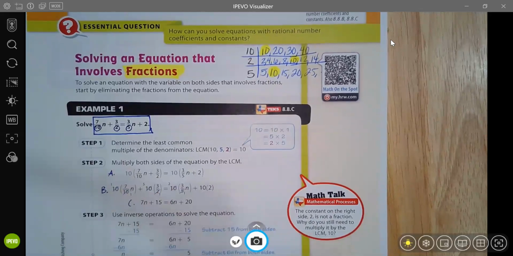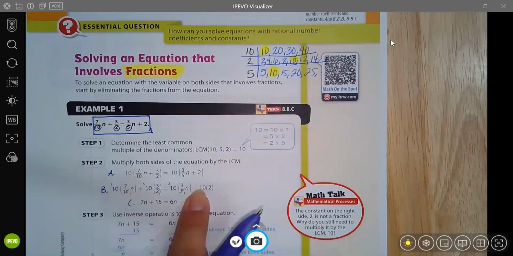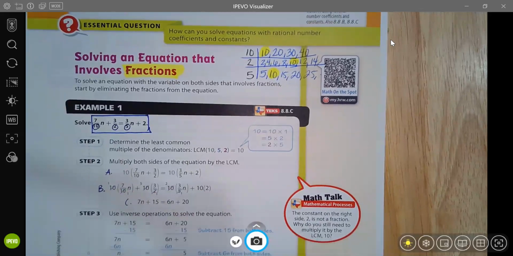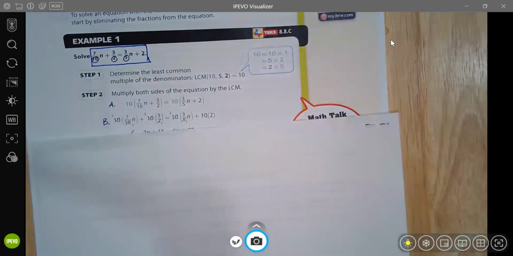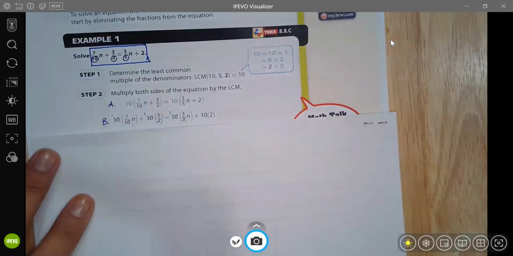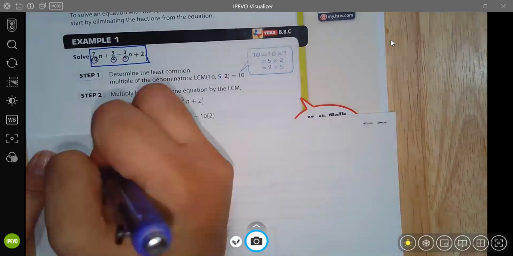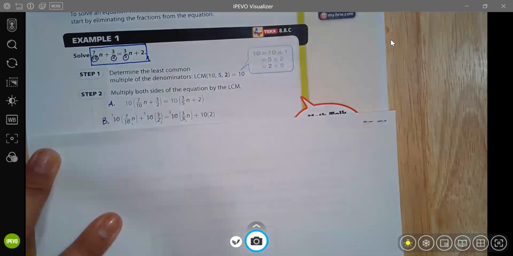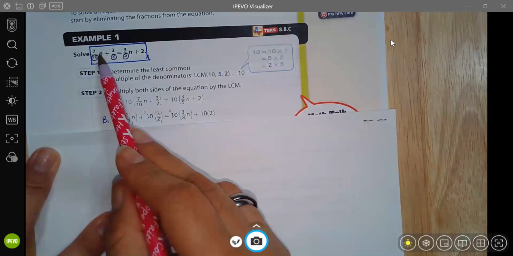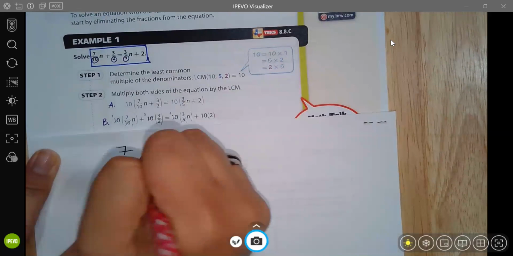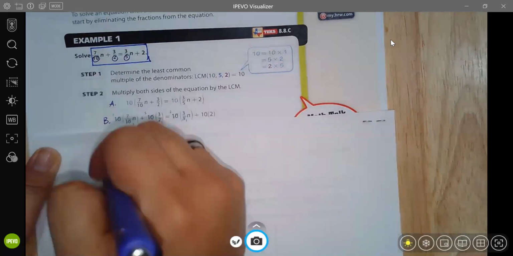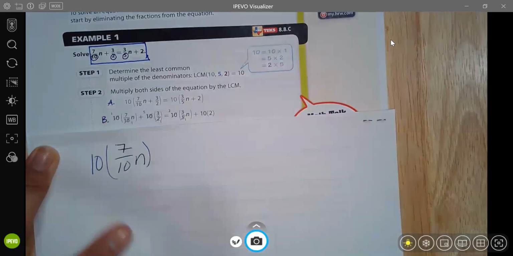Let me really look at this letter B side to show you what they did a little bit further. All right, so I'm going to write the first part here, 7 tenths n, and I'm going to take all of that and multiply it by our LCM.